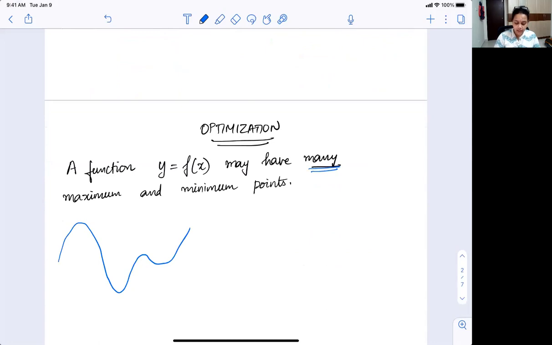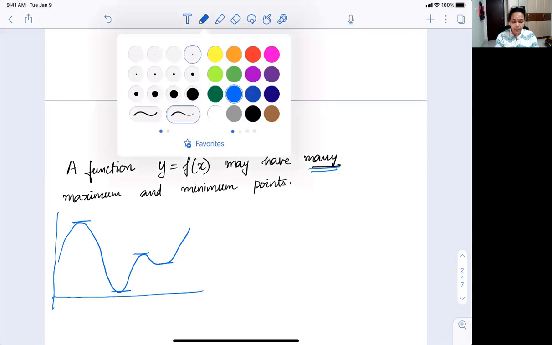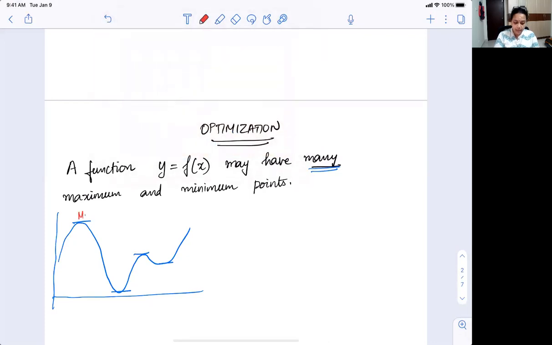If I put this on an x-y axis, I know that this is a critical point. We have another critical point here, one more there, another here, and so on. Based on just looking at the graph visually, I know that this is going to be a max, and this is going to be a min, another max here, and another min here.